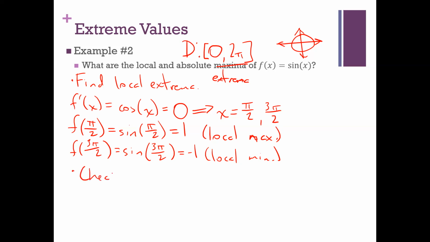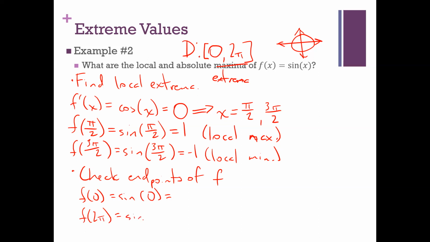Check the endpoints, right? Check the endpoints of the interval. What is f of 0? And what is f of 2 pi?